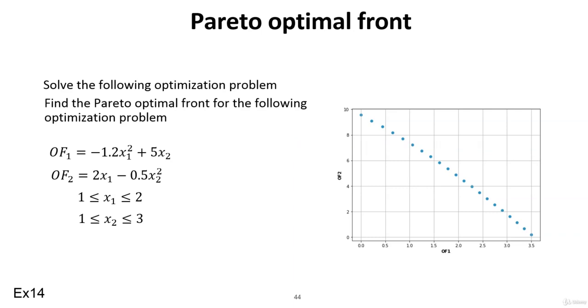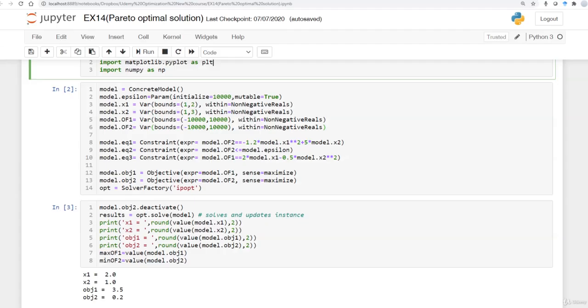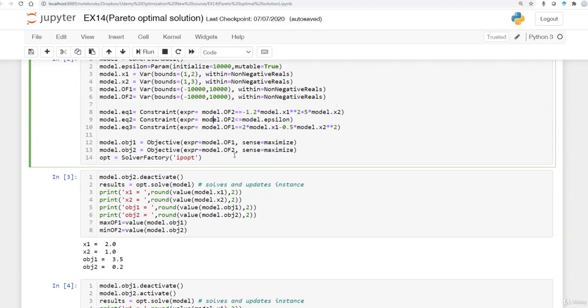I could do it for the other objective function, OF1, and say the minimum value of OF1 or maximum value of OF1 is something. Now optimize the other objective function. But how can I write it down in Pareto? So this is the constraint I was talking about. I will limit the OF to less than something, and I will change that limit iteratively, and ask the Pareto to solve it.